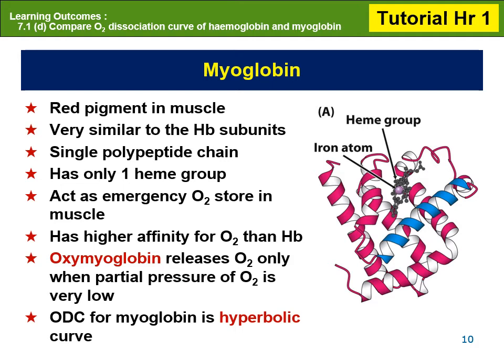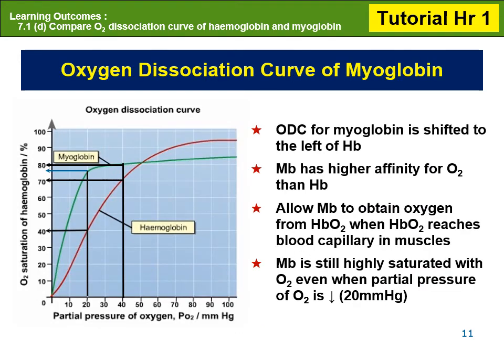So myoglobin akan release oxygen only when partial pressure of oxygen is very low. So the ODC for myoglobin is a hyperbolic curve. Why hyperbolic? Because dia hanya ada satu polypeptide chain sahaja. Okay, so now kita tengok the ODC, oxygen dissociation curve of myoglobin.